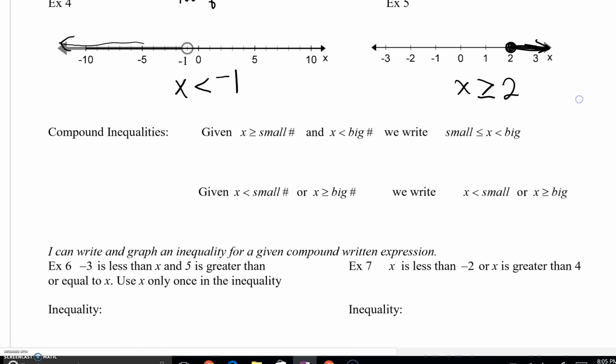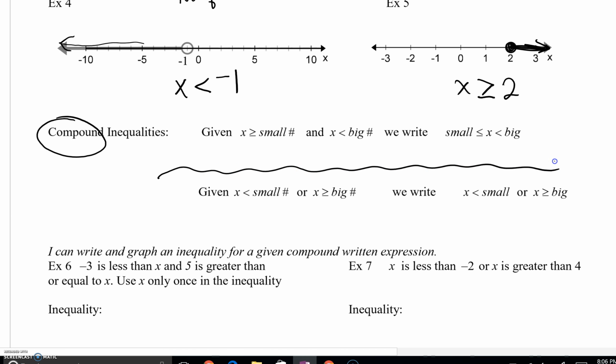Well, we've been dealing with inequalities, but we can deal with compound inequalities. And compound just means that we're getting more than one at a time. So we've got our first scenario. The word and is what's really happening here. If we're told that x is greater than or equal to a small number, and that's that operative word, and x is less than a big number.